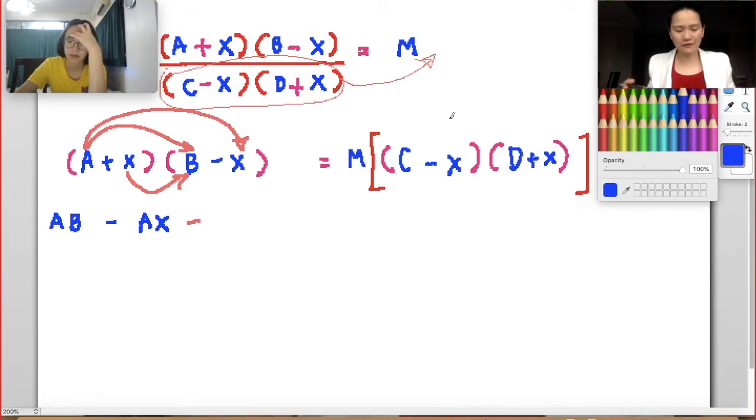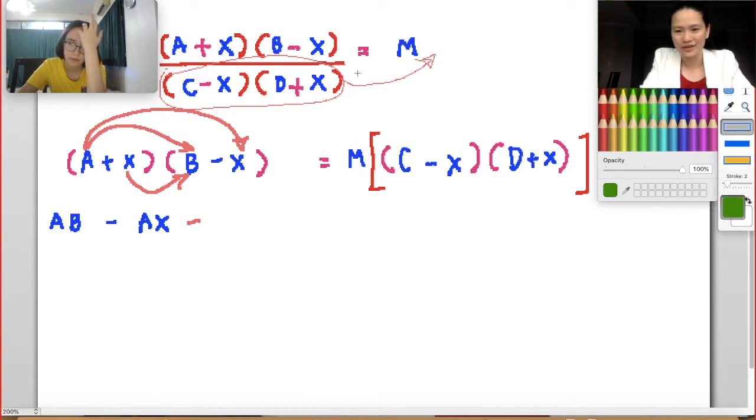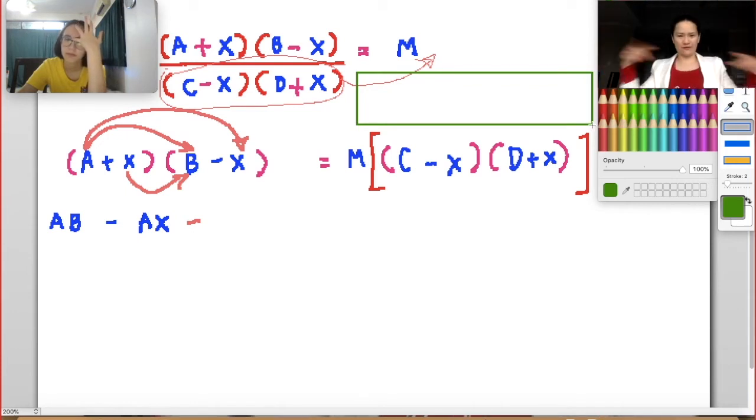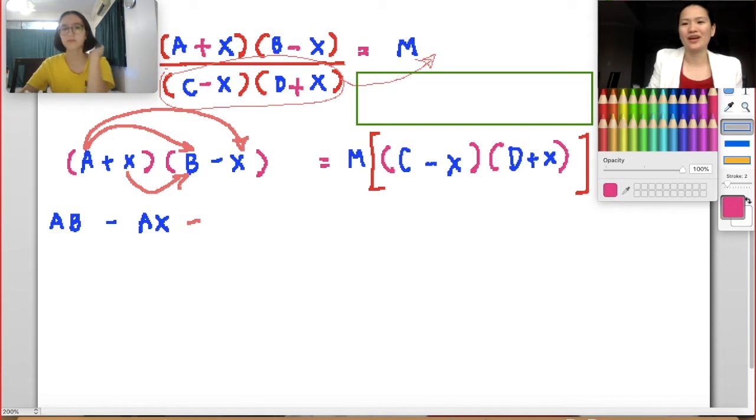What we're going to do right now is make it in the form like this. I'm not really sure that you can remember that form, but let me show you here.